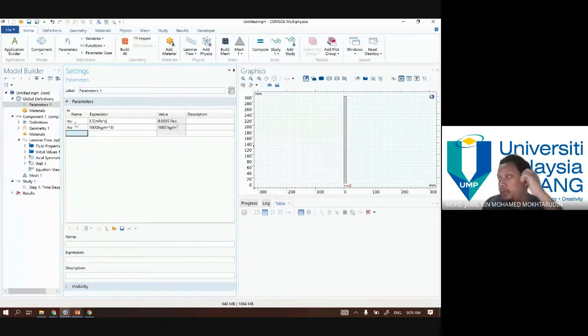And then we can define the Windkessel model parameters like compliance 2.75 and put the unit. And the resistor.